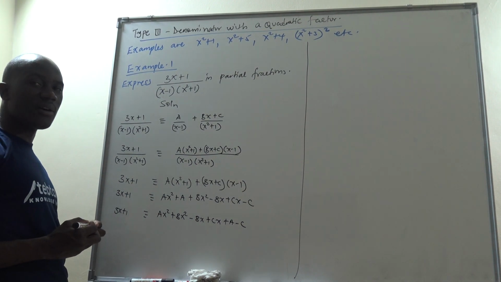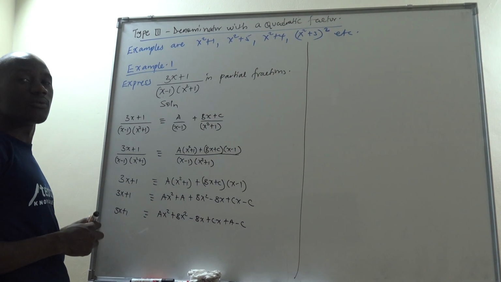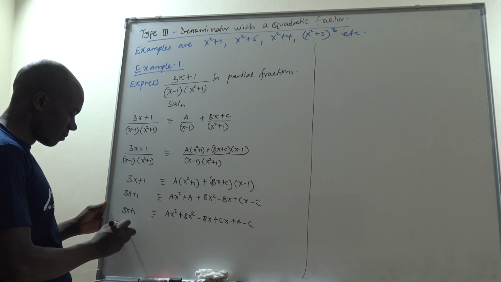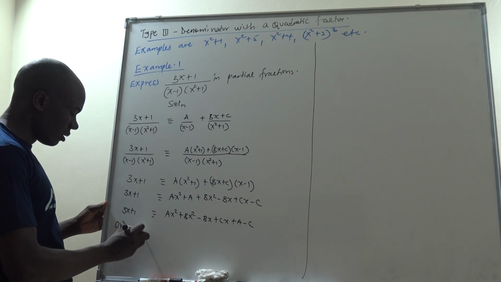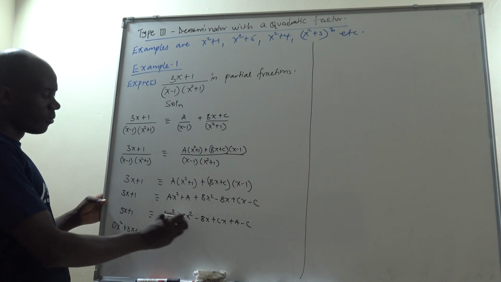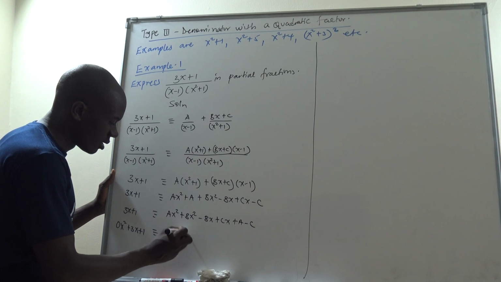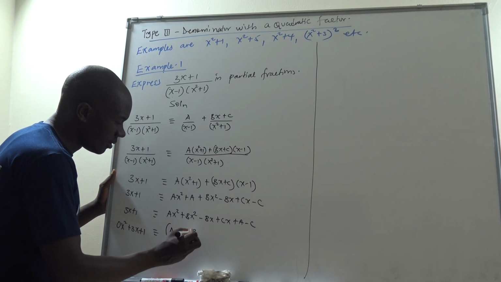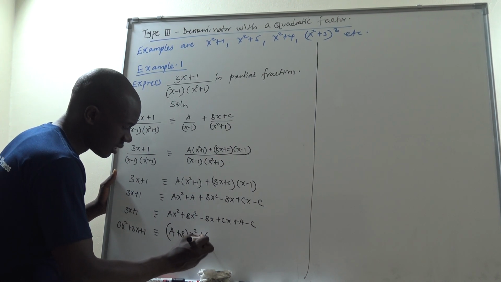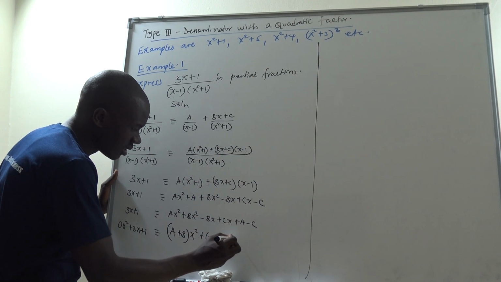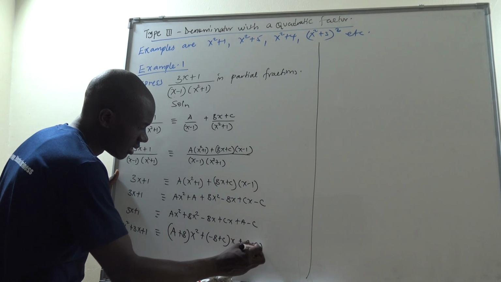Here we don't have any x squared term on the left, so this is 0 x squared plus 3x plus 1 is the same as, factoring out x squared, a plus b x squared, then plus negative b plus c times x, then plus a minus c.